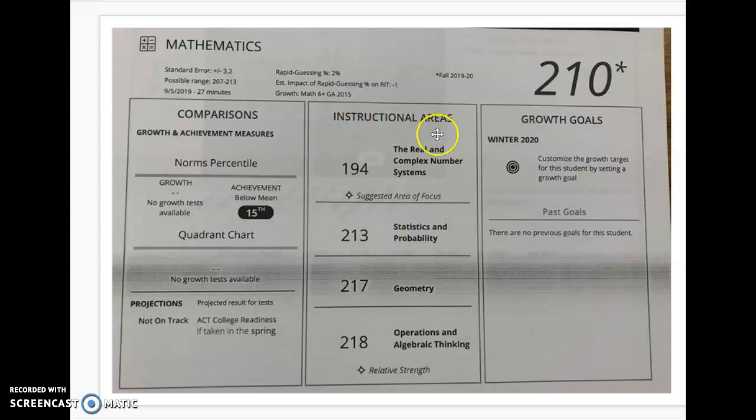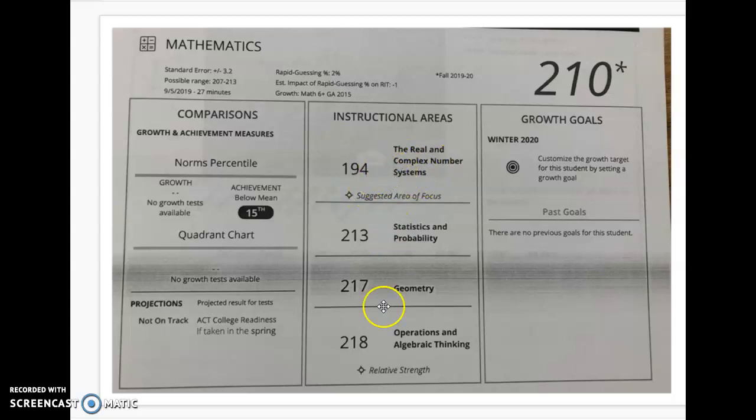So the next thing that we look at on the MAP score for math are the instructional areas. It's divided into different math concepts: real and complex number systems, statistics and probability, geometry, operations, and algebraic thinking. And you get a score for each one of those. Notice that it also identifies for this student that real and complex number systems are probably an area they want to work on.